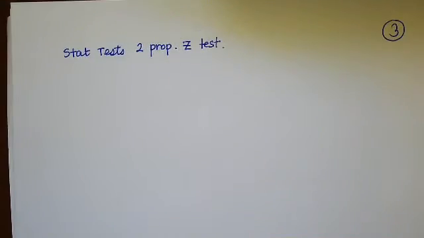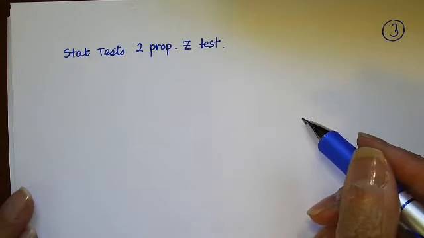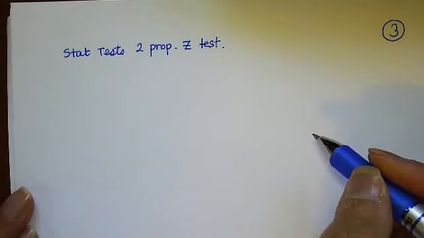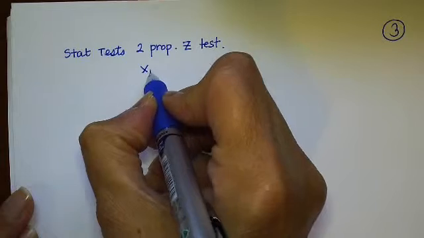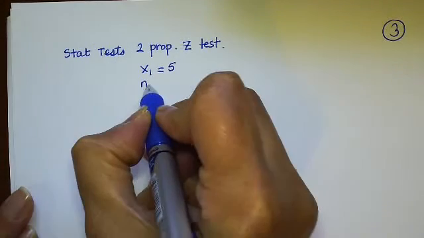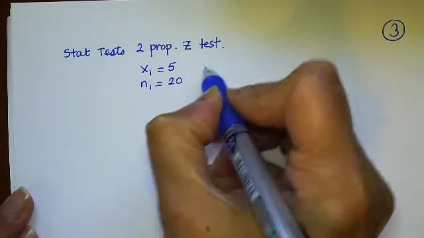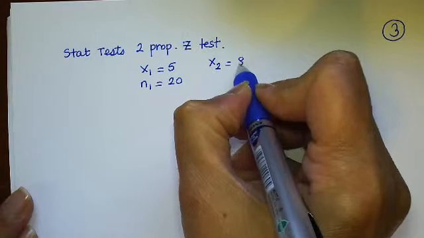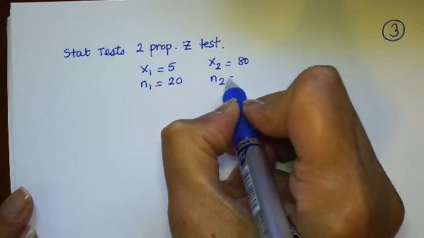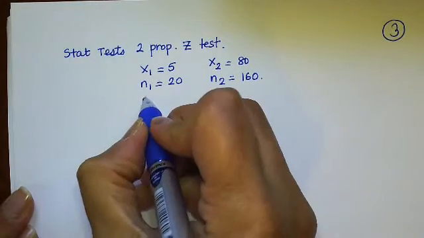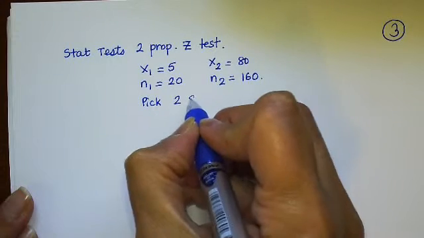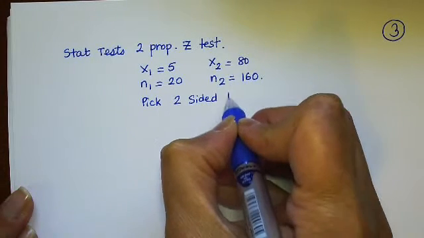So again, stat test, proportion z-test is what you would use. And you put in your x1 equals 5 and n1 equals 20 and x2 equals 80 and n2 equals 160. And you pick the two-sided test option.